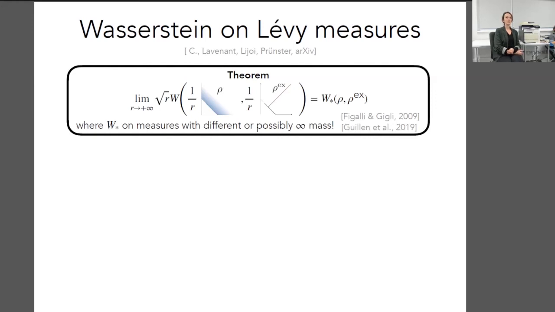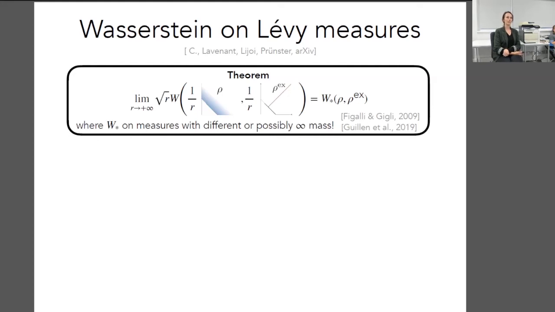And basically, we spent a couple of months defining this distance at the level of the Lévy measures, which seemed to be particularly interesting because these Lévy measures have infinite mass around the origin. So we were actually considering a distance between measures with infinite mass. And we proved many properties.